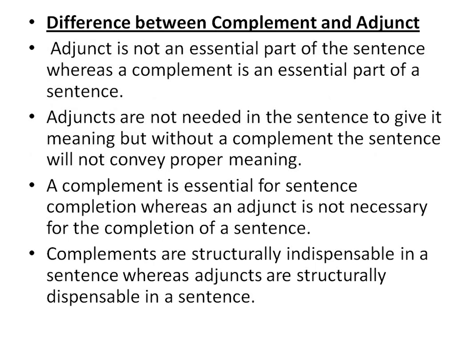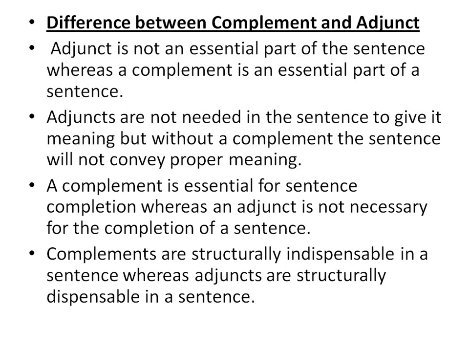So, the difference between a complement and an adjunct. An adjunct is not an essential part of the sentence, whereas a complement is an essential part of a sentence. So we may write an adjunct or we may not, but a complement is essential, compulsory. Adjuncts are not needed in the sentence to give it meaning, but without a complement, the sentence will not convey proper meaning.